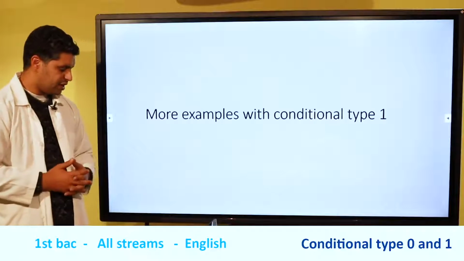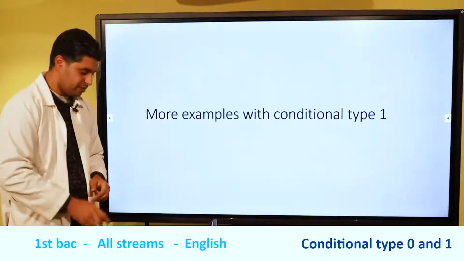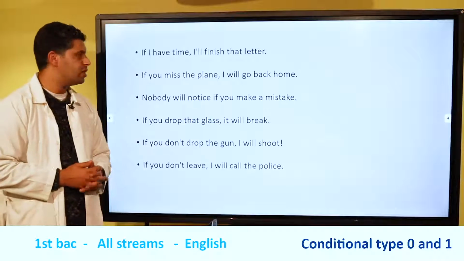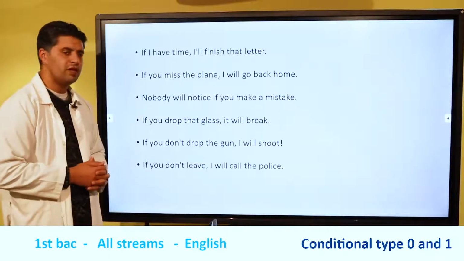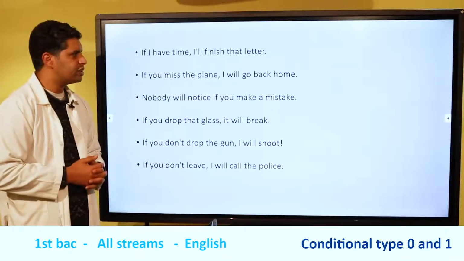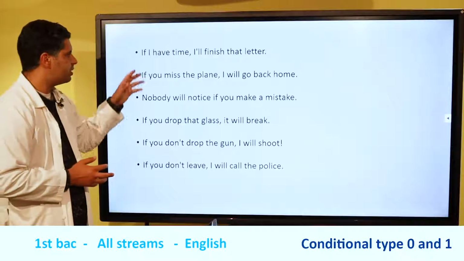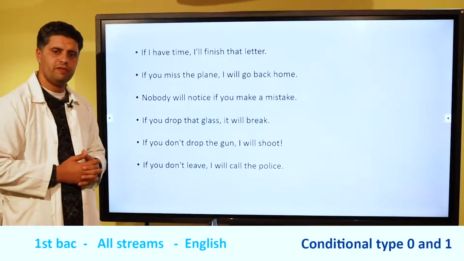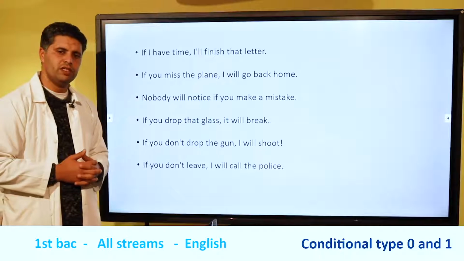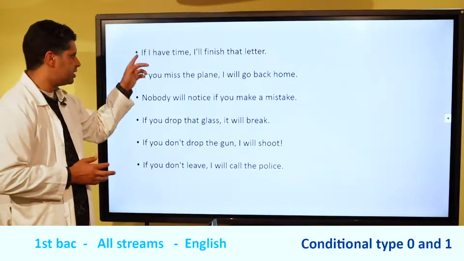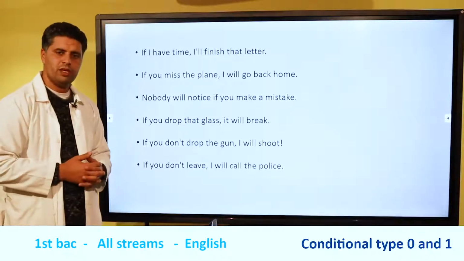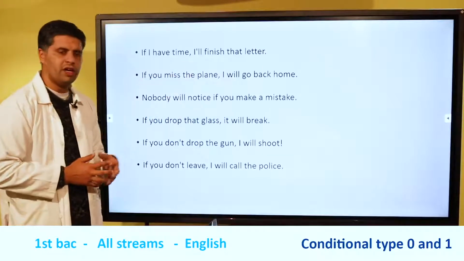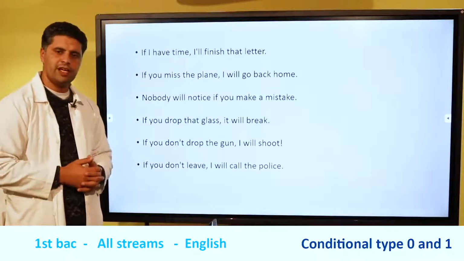Now let's take more examples with the conditional type 1. As you can see here we have some statements. The first statement: if I have time, I will finish that letter. So if plus I plus have. Here we have the verb to have, conjugated in the present simple, as you can see. And this one is just the conjunction, because it is a conditional statement. So here, I will finish that letter.